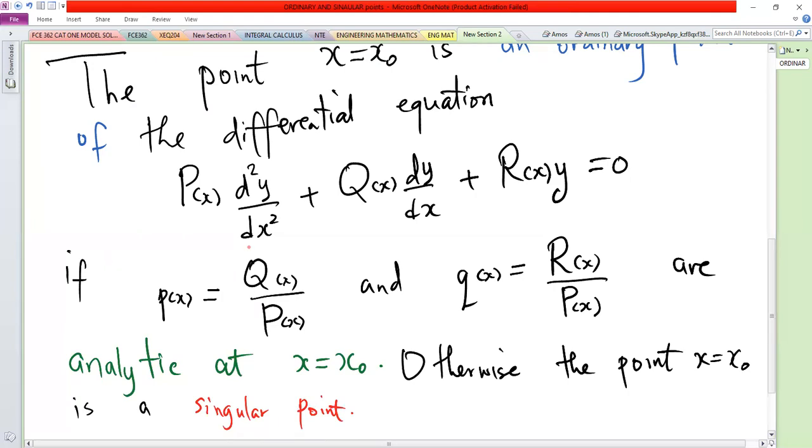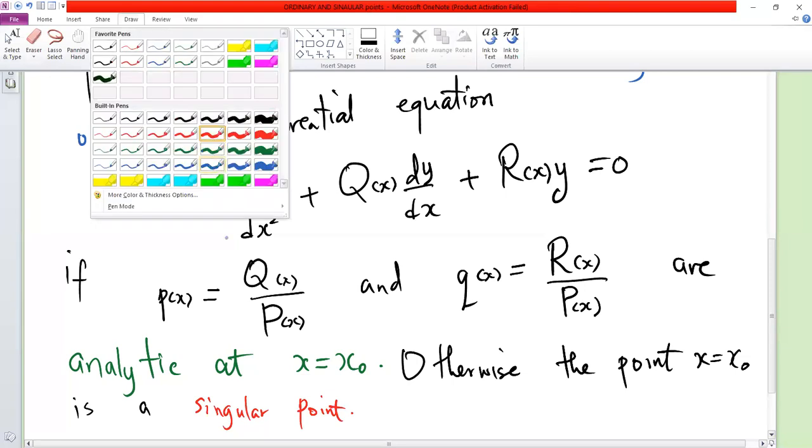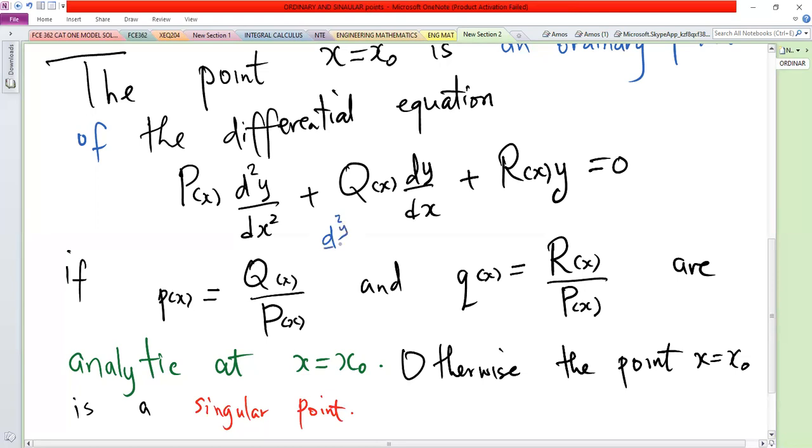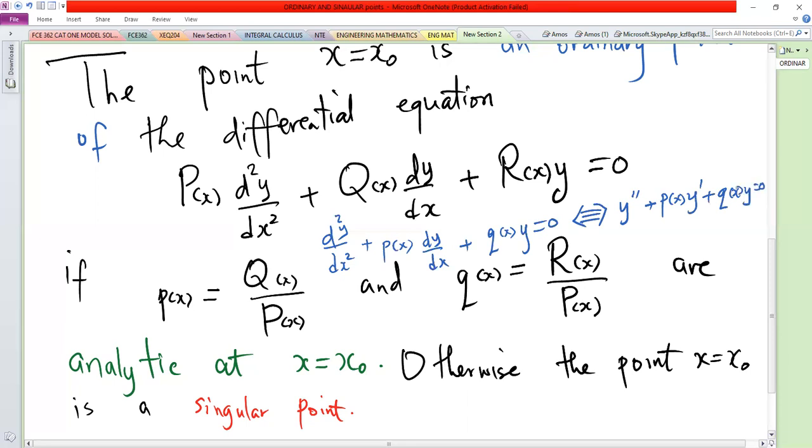So this is what we are saying: if you have this second order differential equation, capital P of x y double prime plus capital Q of x y prime plus capital R of x y equals 0, we can rewrite it when you divide through by capital P: d squared y dx squared plus small p of x dy dx plus small q of x y equals 0, or the same thing as y double prime plus small p of x y prime plus small q of x y equals 0.